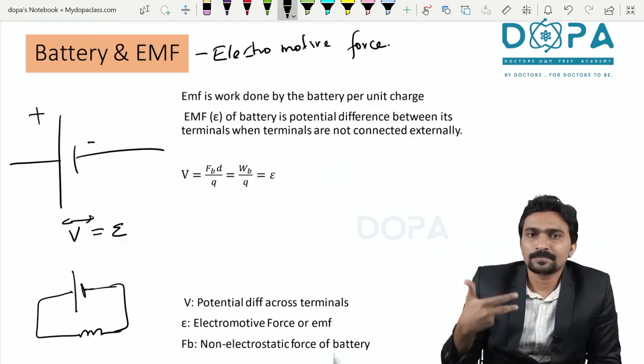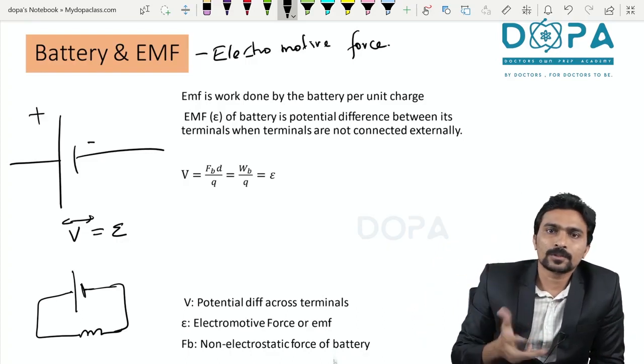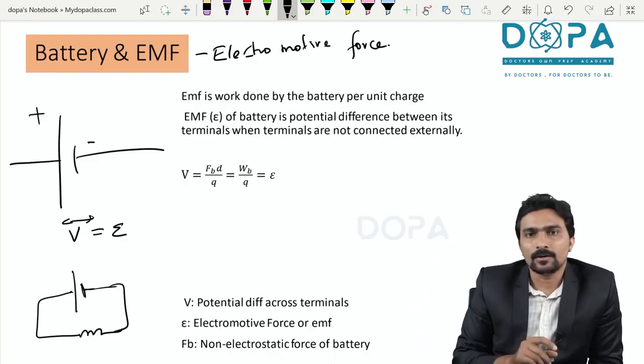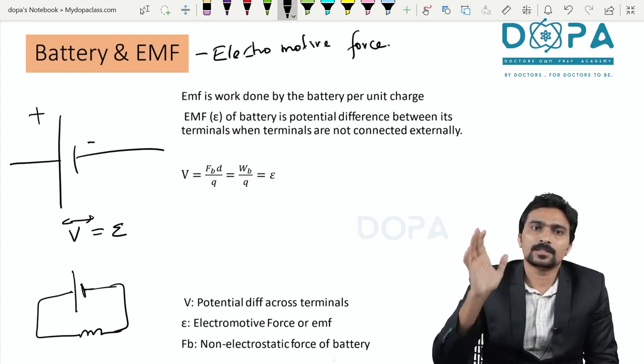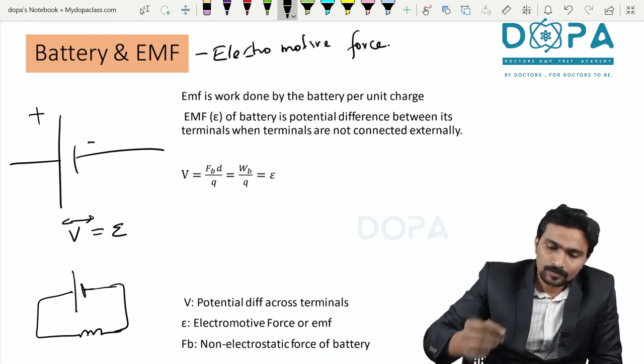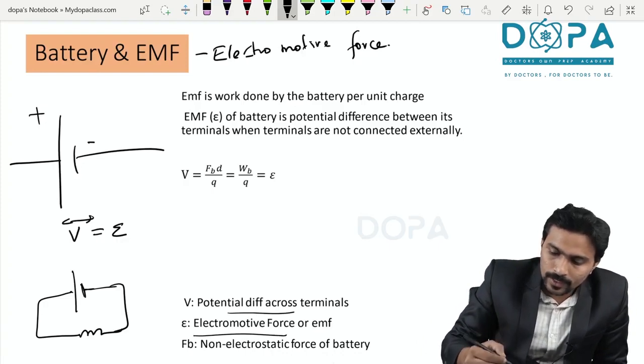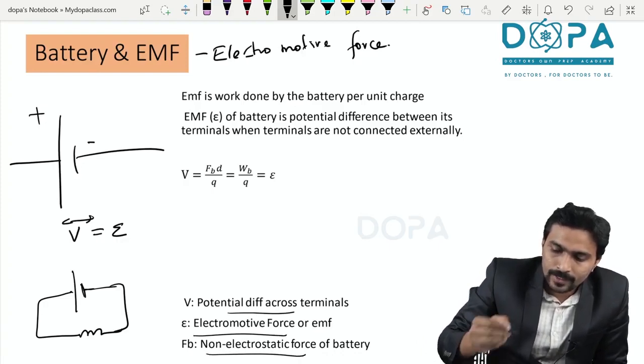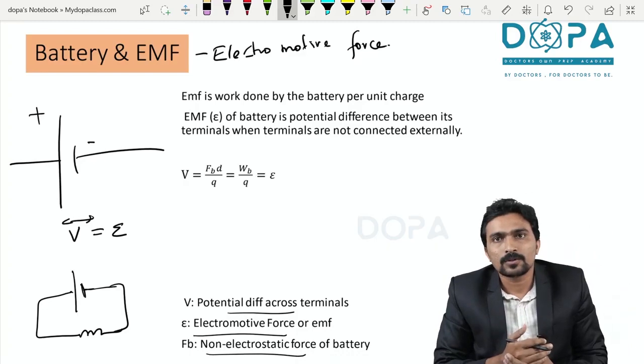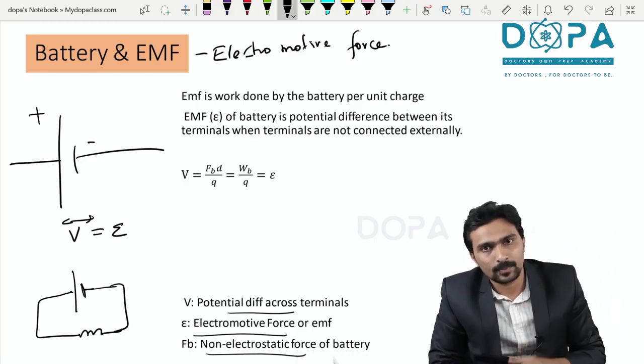That is why we call it electromotive force even though it is electric potential, or work done per unit charge. Here V is the potential difference across terminals, E is the electromotive force or EMF, and FB is the non-electrostatic force of the battery that we already explained.